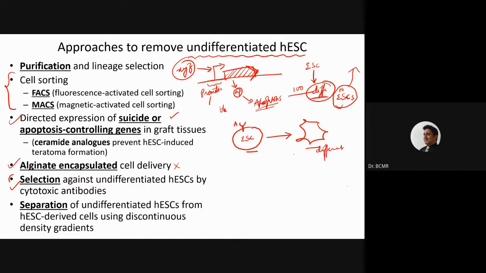They have the same genome, but their gene expression is different, because of which their transcriptome and proteome will be different. So maybe the differentiated cell will have a different receptor on its surface. Now, the suggestion in this selection is that we make antibodies against A. You could make an antibody that is cytotoxic, conjugated with a toxin.